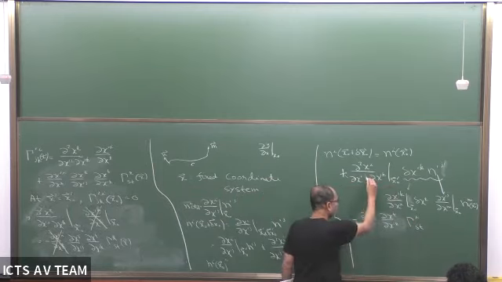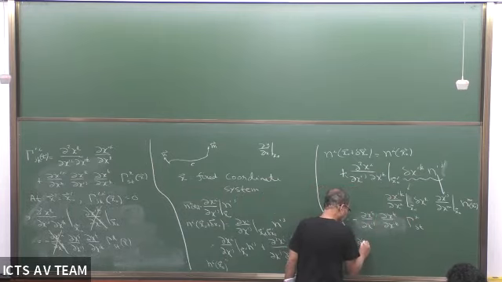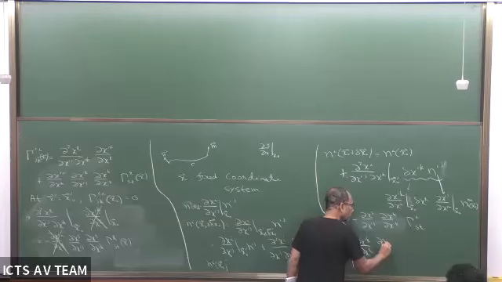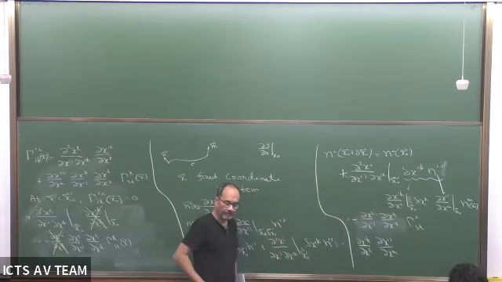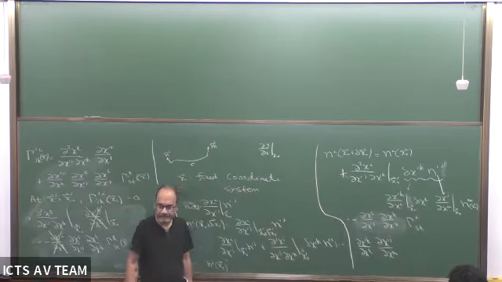Okay, so this came from here, and then we multiply it by... okay, everything is at x naught or x naught prime. I'm not writing them explicitly.